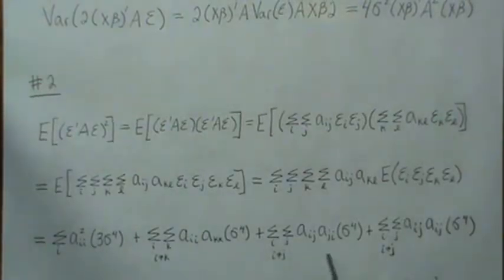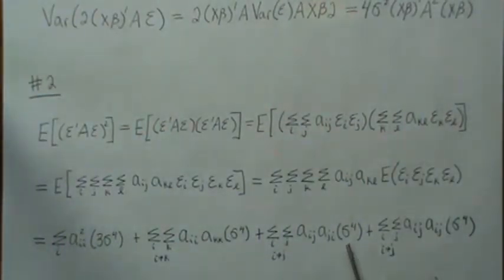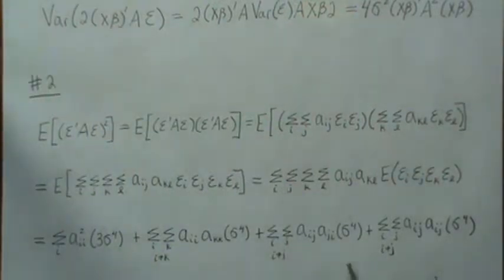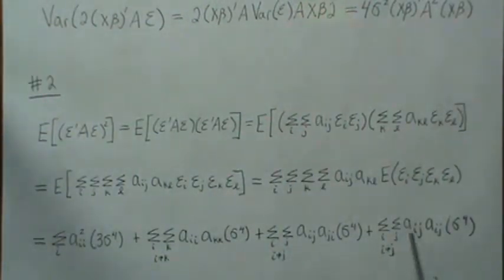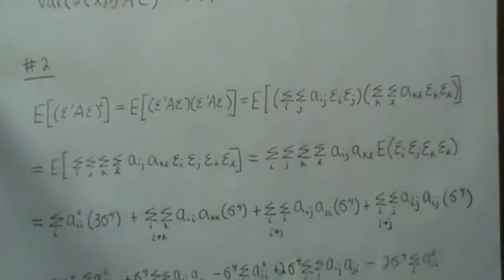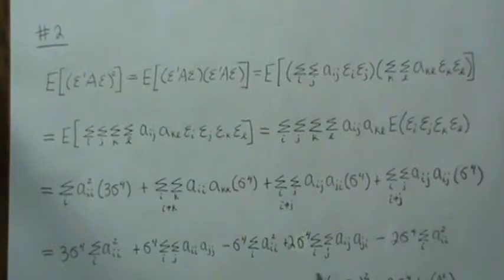So now let's look at these individually. So this will stay the same. This one, we're missing the i not equal to k. So if we put that case back in here, then we have to subtract it out. And the same here. If we put in the i equal j case, then those would be equal, so it'd be 2 times that, and we have to subtract out 2 times those. So that's what this next step is.